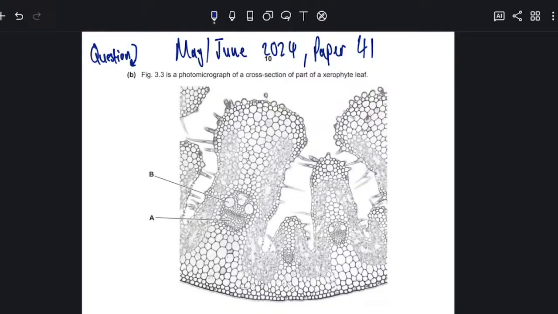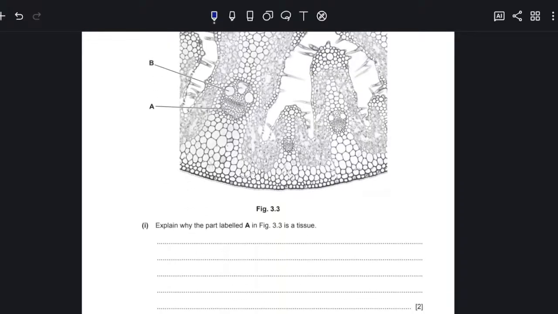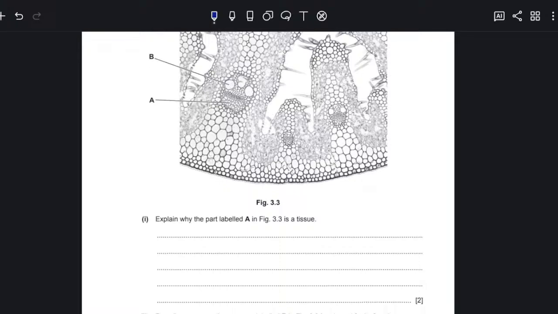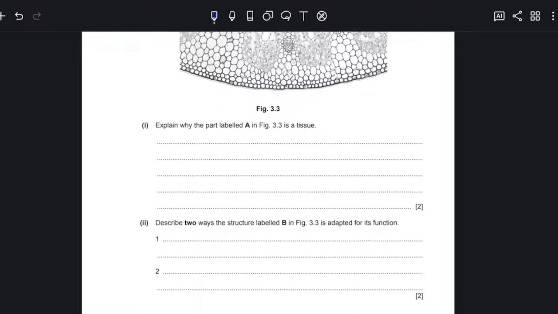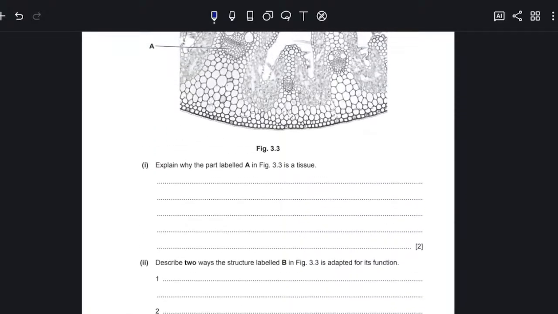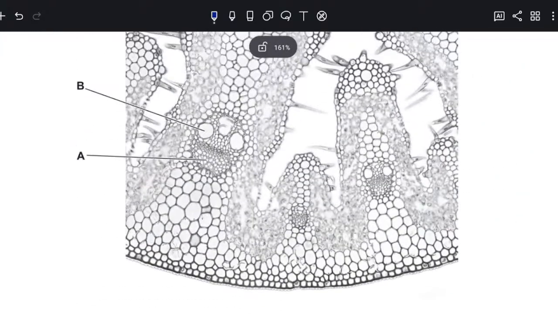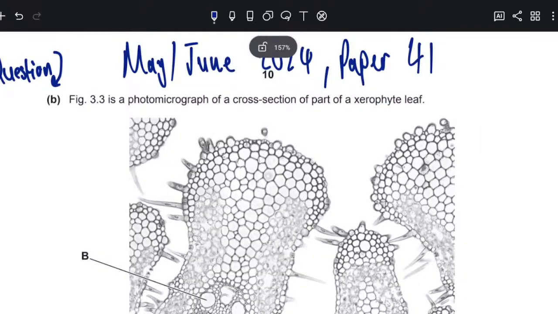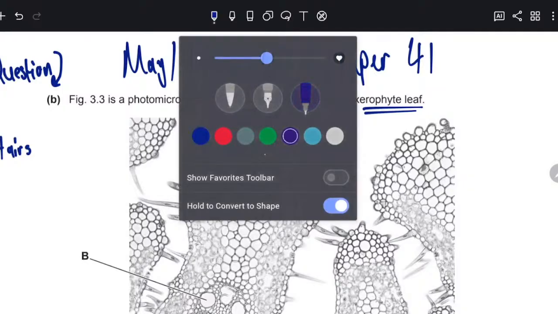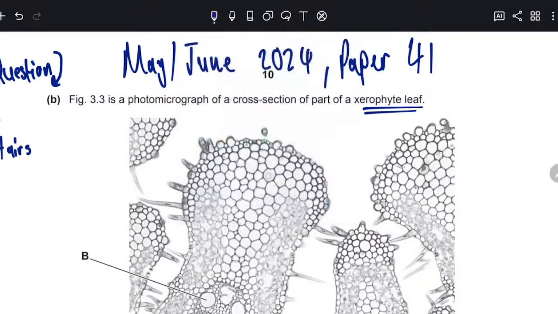Right. Let's see here. Okay. All we want to know is, is this a xerophyte or a hydrophyte? It's a xerophyte. Ah, okay. Thank you. So for xerophyte, we'll talk about the hairs. And for xerophyte, we'll talk about thick, waxy cuticle.